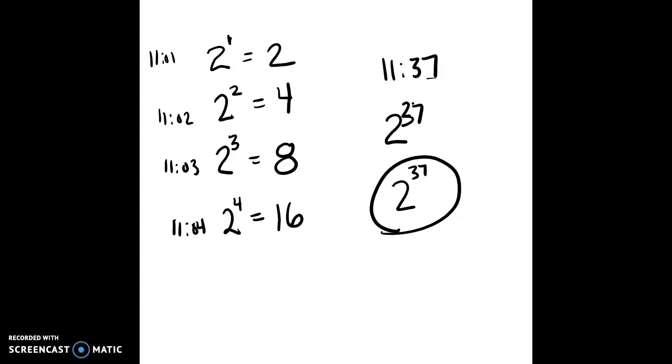Now, the next part of the problem says what fraction of the bottle is full at that time. And so when we're talking about the fraction of the bottle, it tells us that the bottle is full in the problem. So it's full at 12 p.m. So that means let's work backwards here.